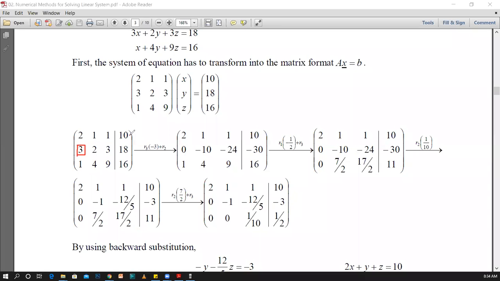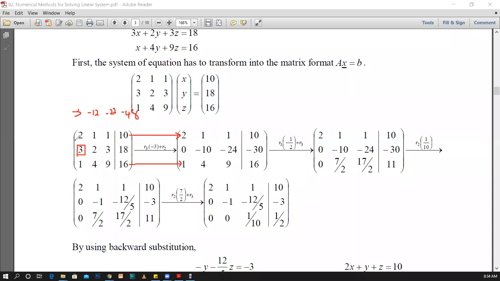Now you can see that the first row comes as it is, the third row comes as it is. The only change that we have made was the values of row number 3 were multiplied with minus 3 and those values were added to row number 2. Therefore, the values we obtained were minus 3, minus 12, then minus 27 and minus 48.